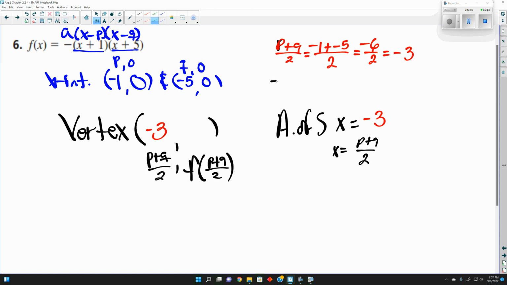So if we plug it back in, we'd have negative 3 plus 1 times negative 3 plus 5, which would be negative 2 times 2. Well, negative 2 times 2 is going to be negative 4.